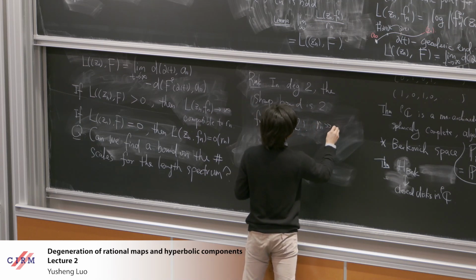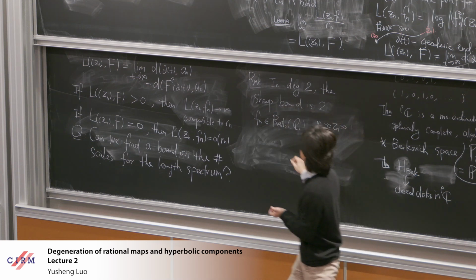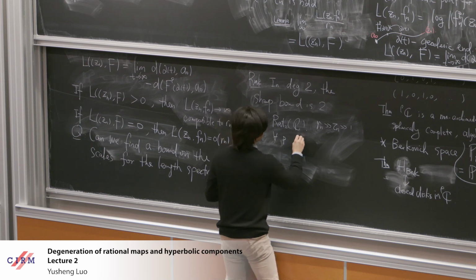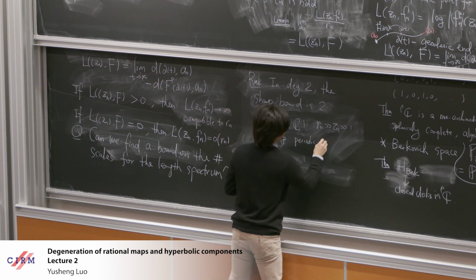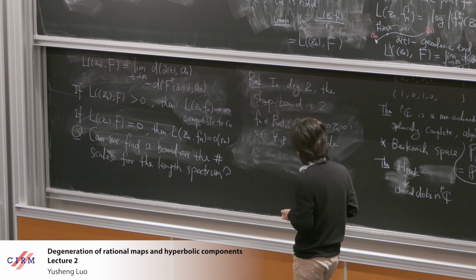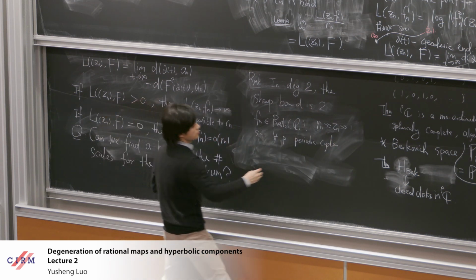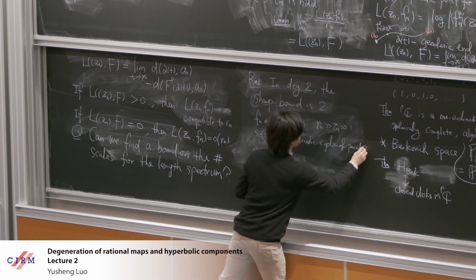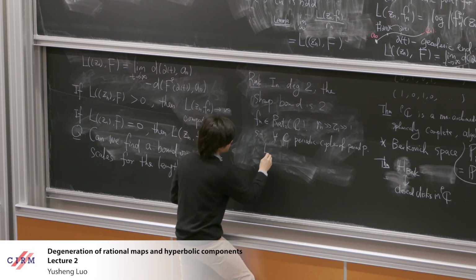Rn greater or equal to tau n, which go to infinity, such that for any periodic cycle of period p, when you look at the length spectrum, exactly one of the 3 would happen.